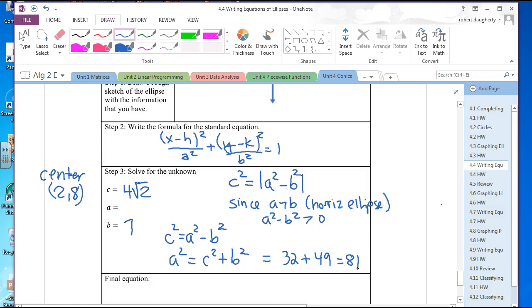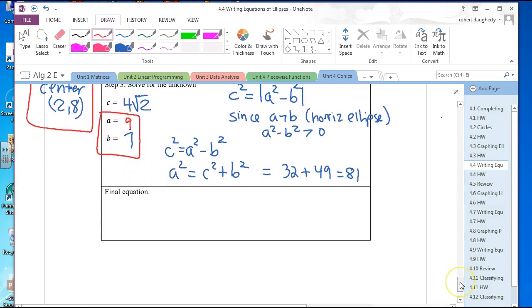So what is a? a is 9. So with a and b and the center, you're good to go. So what is the equation of this ellipse? Yeah, (x minus 2) squared over 81 plus (y minus 8) squared over 49 equals 1.